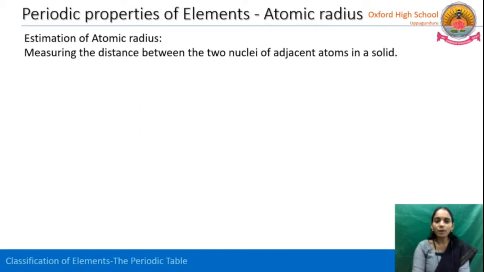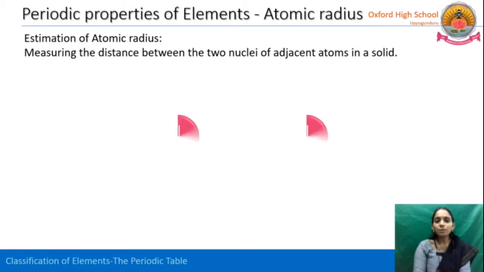For a single atom, it is impossible to calculate because of the probability of finding an electron, and because of its small size. But in solid state we can calculate easily.